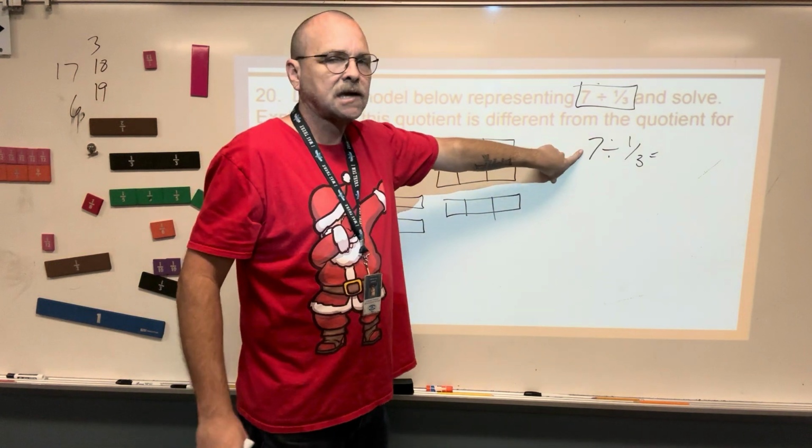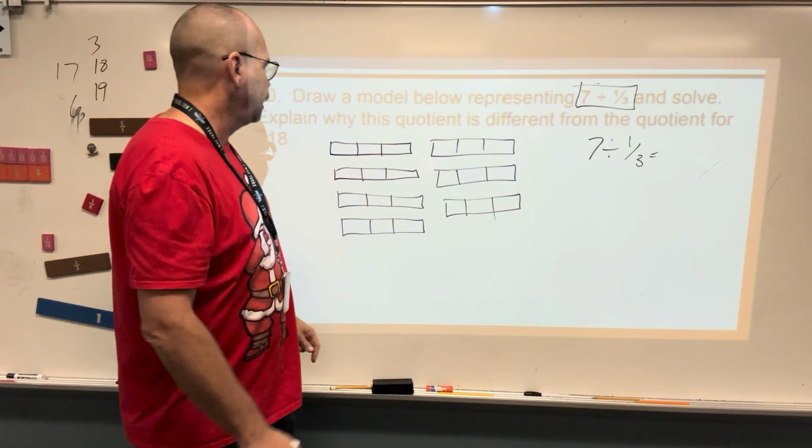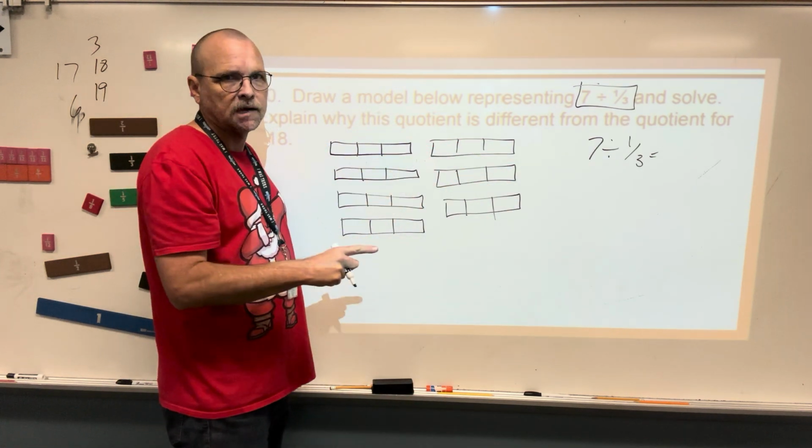This is asking, if I take 7 and divide it into thirds, how many thirds will I have? So how many thirds are in 7 is what this is asking.